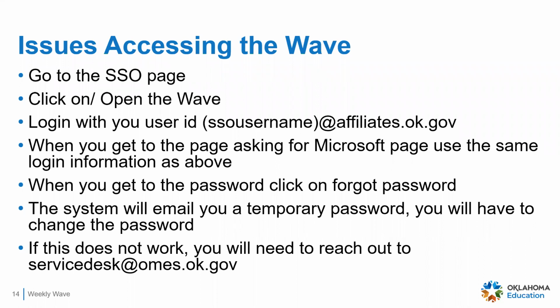When you get to the Microsoft page, use the same login information. When you get to the password part, click Forgot Your Password, and the system will email you a temporary password, and then you'll have to change your password. If those steps do not work, reach out to the service desk at omes.ok.gov and request a password change.